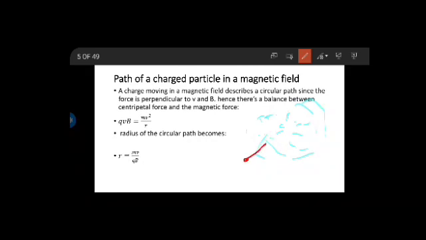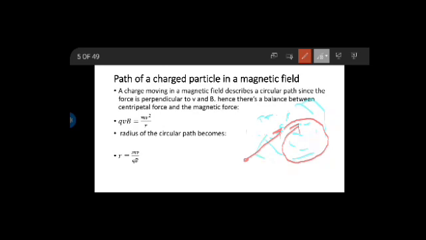A charge is being fired into the magnetic field. Immediately, once the charge gets into the magnetic field, it will experience a force which is perpendicular to the field, and that force causes it to rotate in a circular path, just like this. It rotates in a circular path.